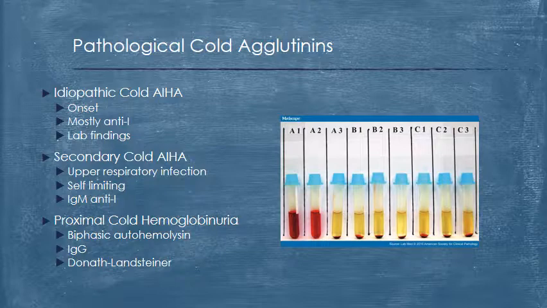Okay. And to do the test, the Donath-Landsteiner test, I think we talked about this when we talked about the P antigen, you collect fresh blood from the patient and you have to maintain it at 37 degrees and then separate it from the serum, because you don't want any reactions to occur as the blood cools down. You're going to separate the serum into 3 different test tubes. And you can see here where it's been separated into the A group, the B group, and the C group.